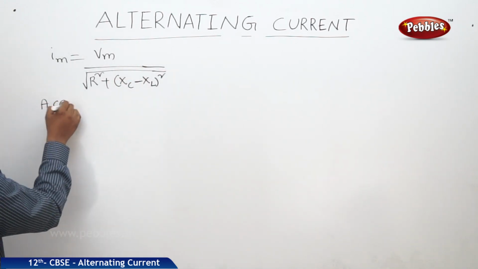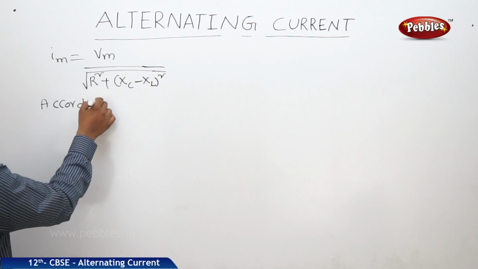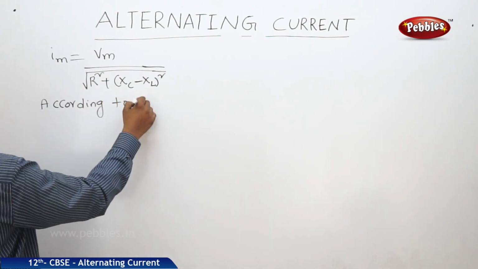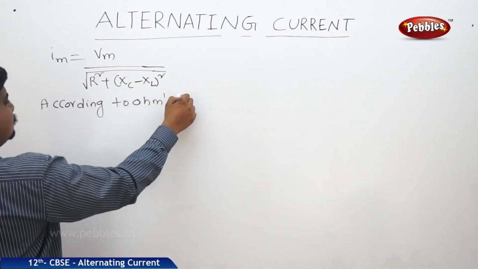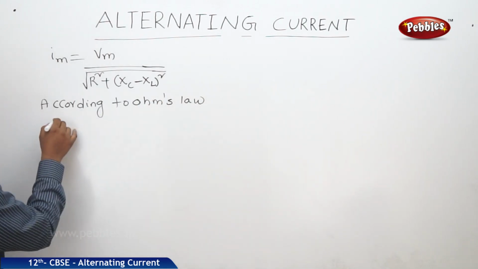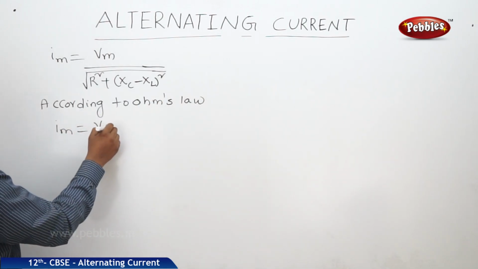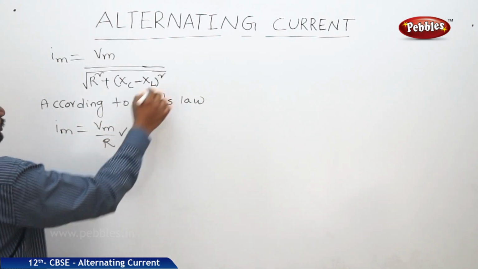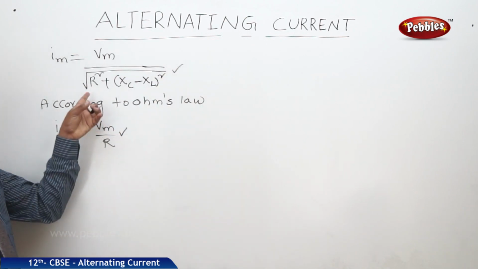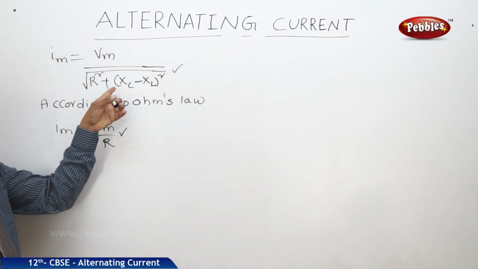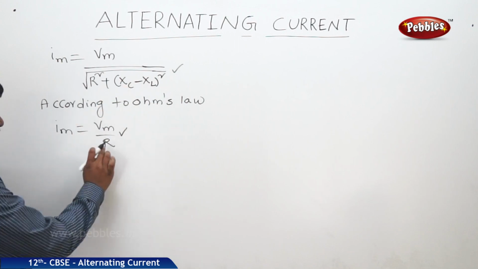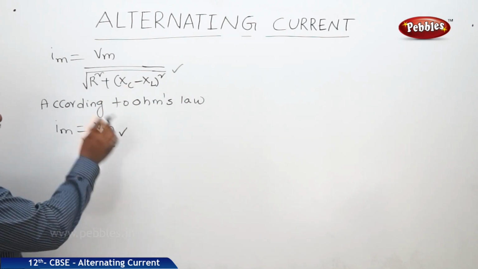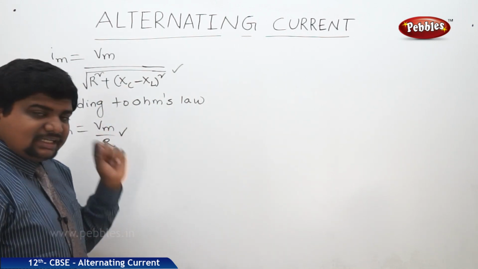According to Ohm's law, Im is equal to Vm by R. From these two equations, the denominator under root R square plus Xc minus XL whole square is similar to the resistance. But if it is a single one, we can say it is a resistance.